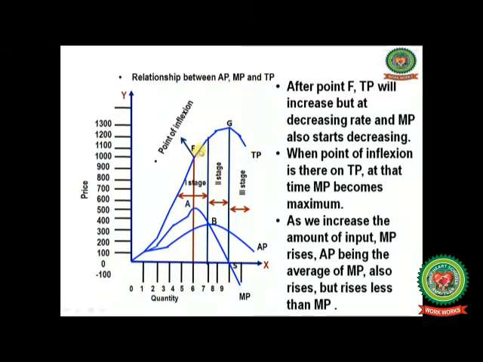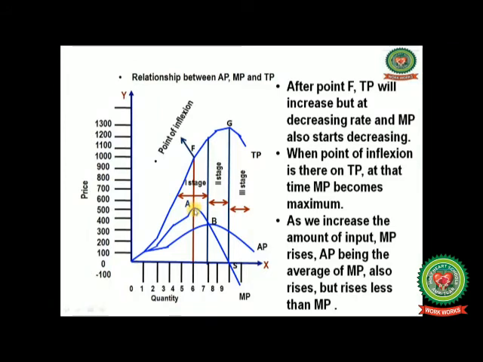After point F, total product will increase but at a decreasing rate, and MP also starts declining. The point of inflection and the maximum point of marginal product are the same, and after this both start falling. At the point of inflection on the TP, MP becomes maximum at point A, as you can see.